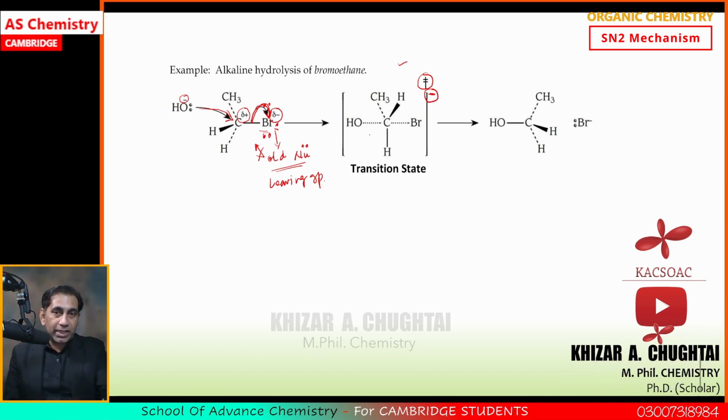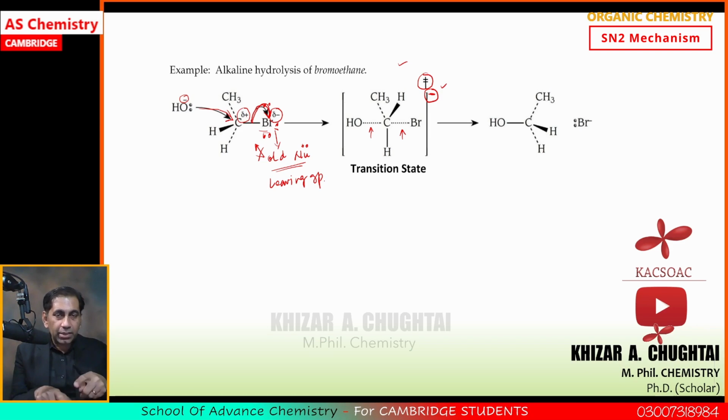Once again, you can see that these two bonds are shown by dotted lines. Why? Because the bond that is being formed and the bond that is being broken are neither completely formed nor completely broken. The next thing is that it has a negative charge. Always put a negative charge on the transition state.